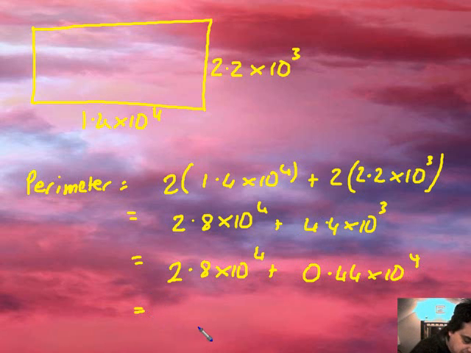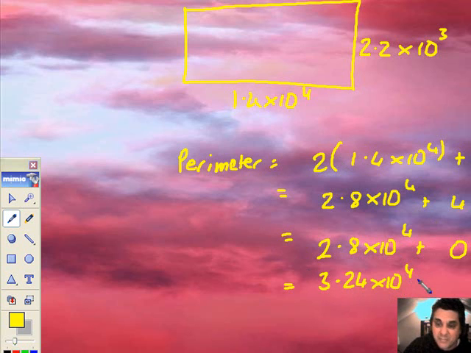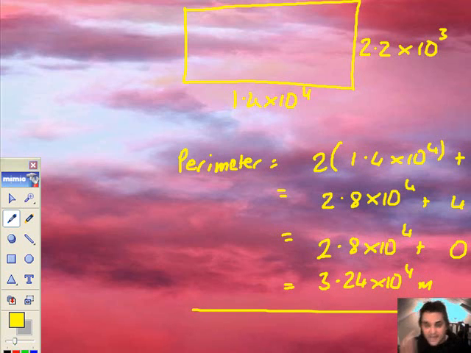Let's talk to my machine now. 2.8 plus 0.44. That's going to give me, that didn't work, 2.8 plus 0.44. That should work. Okay, I've now got 3.24 times 10 to the power of 4, and it's in meters, I believe. Yep, it's in meters. That's that.